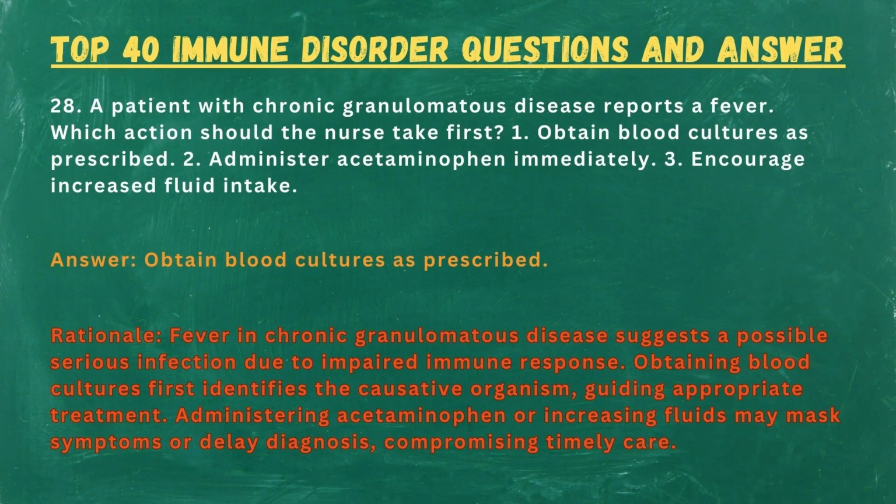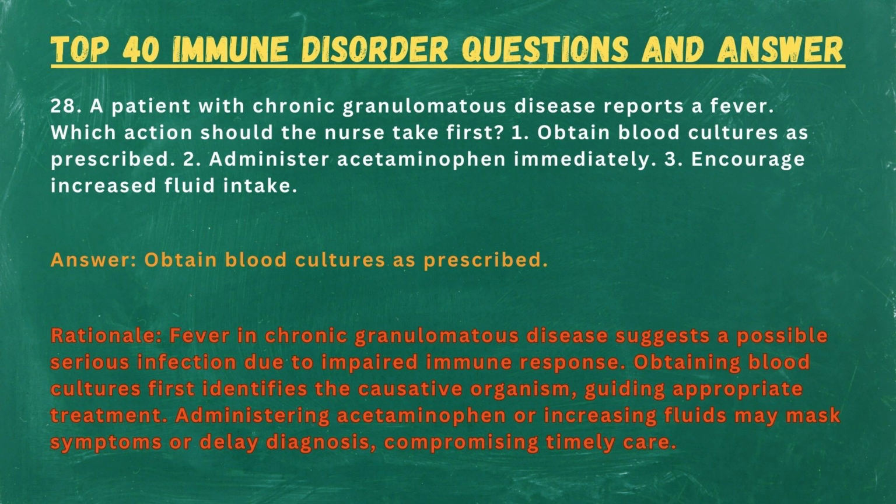28. A patient with chronic granulomatous disease reports a fever. Which action should the nurse take first? 1. Obtain blood cultures as prescribed. 2. Administer acetaminophen immediately. 3. Encourage increased fluid intake. Answer: obtain blood cultures as prescribed.